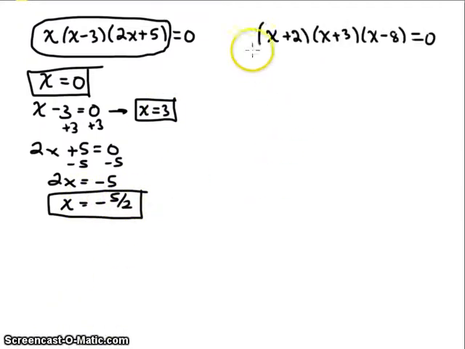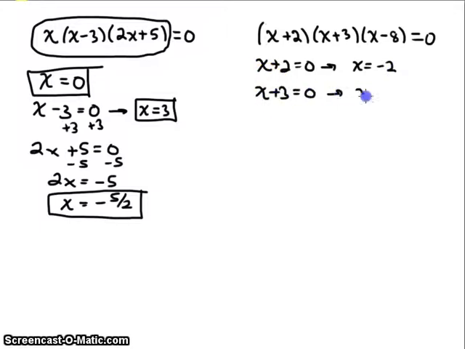Here's another one. Do the same process. X plus 2 equals 0 leads to x equals negative 2. X plus 3 equals 0 leads to x equals negative 3. X minus 8 equals 0 leads to x equals positive 8. And so there's a pattern here also that you might recognize, a little bit of a shortcut.